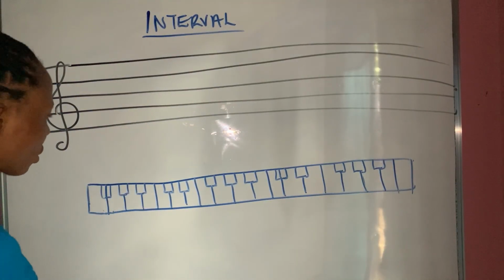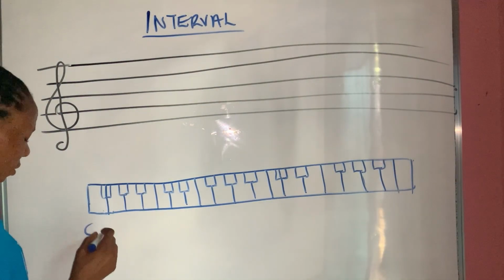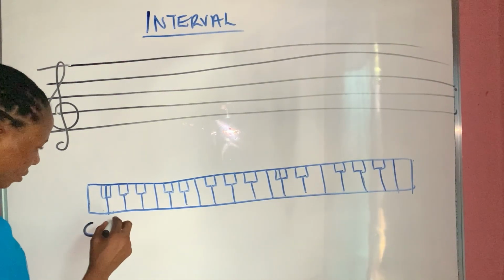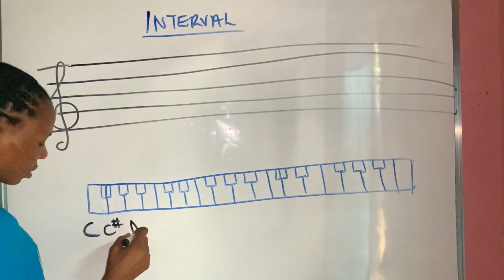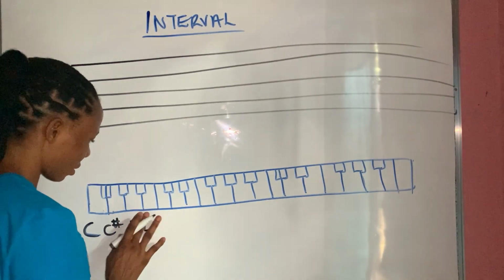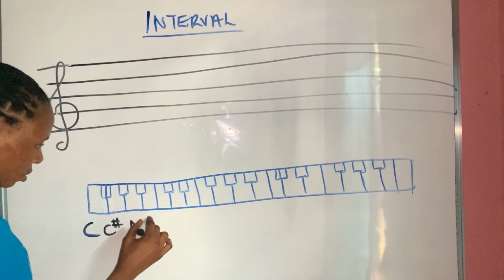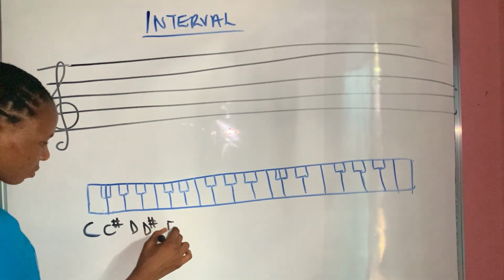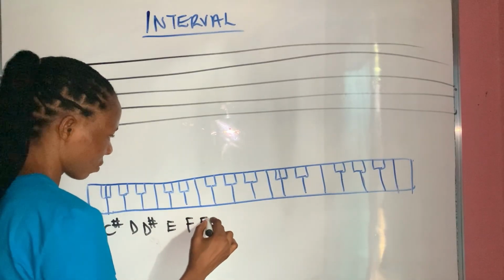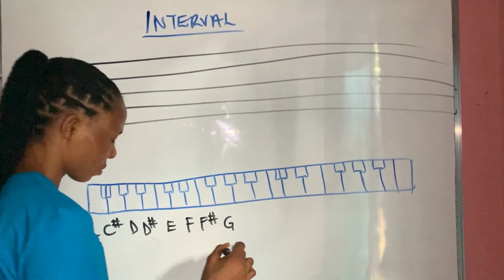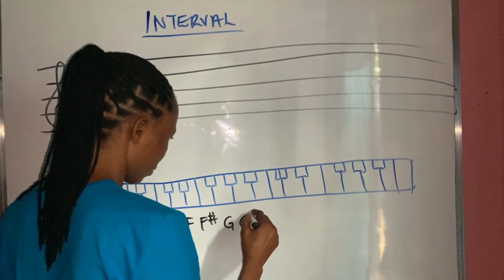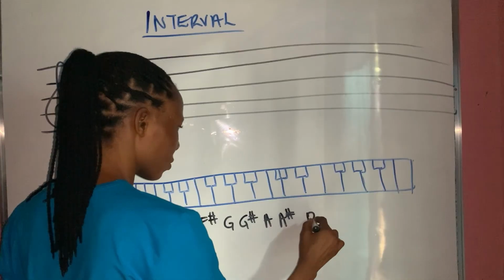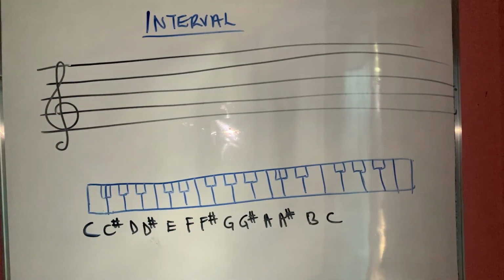But let's write out the chromatic scale starting on C. You have C, C sharp, the ascending chromatic scale starting on C, and back to C.